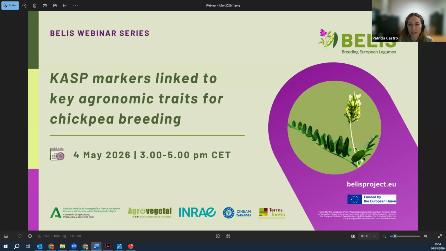Yes, well, right now we are working on growth habit, and there is a PhD student from our group working on that trait. We also have several populations segregating for the trait, and we have already identified the genomic regions and the genes that are involved.